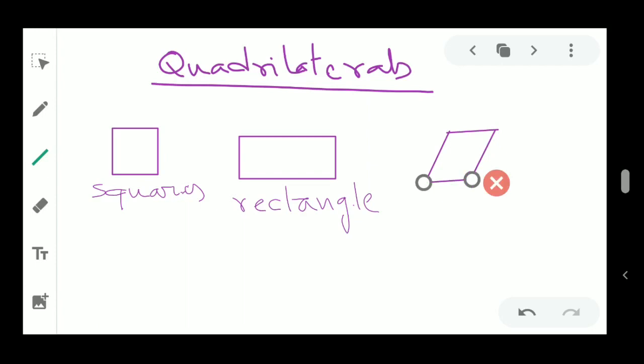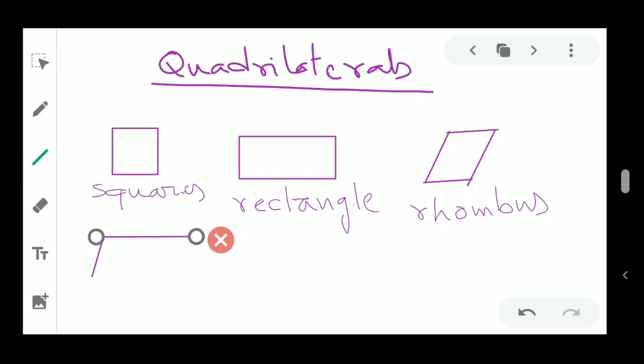When all sides are the same, like it's a square but it's a tilted square, then it is called a rhombus. Then we have something like a rectangle but a tilted rectangle, so it will look like this. It is called a parallelogram.